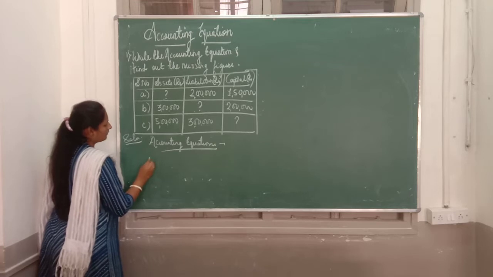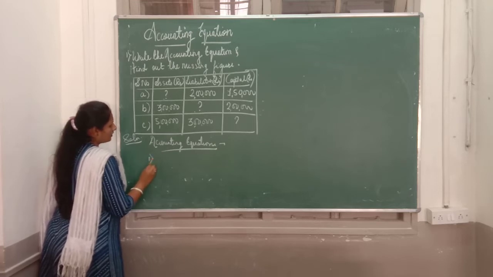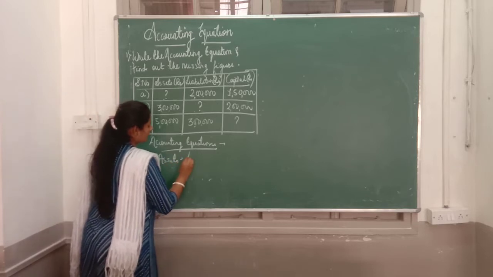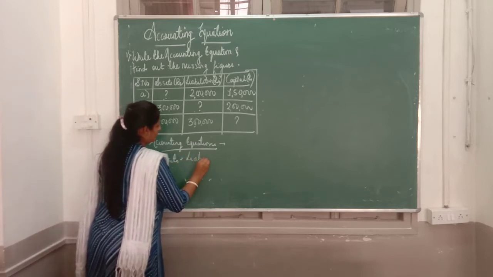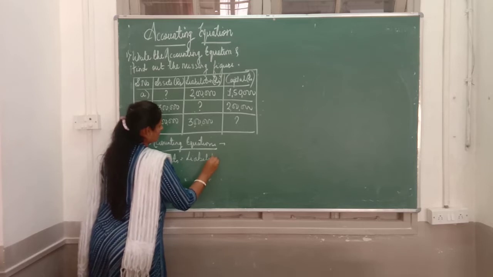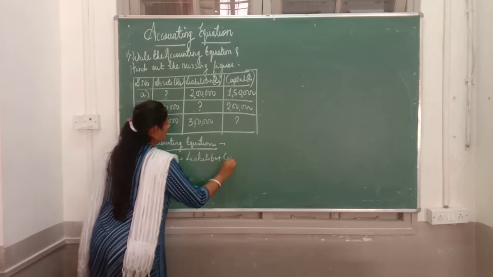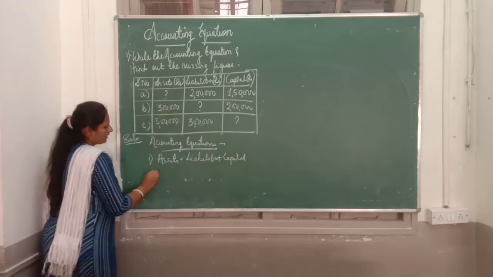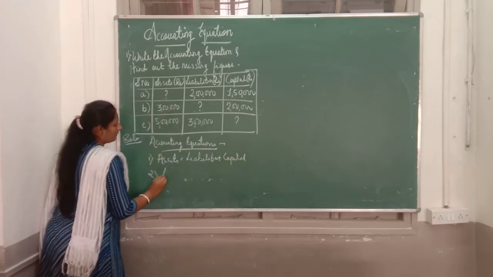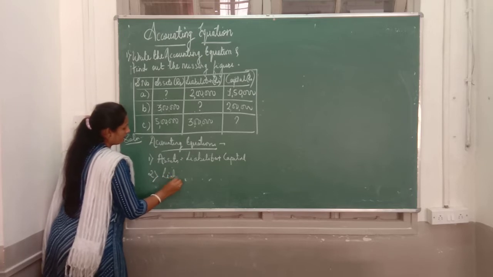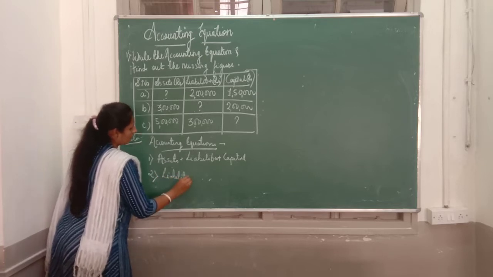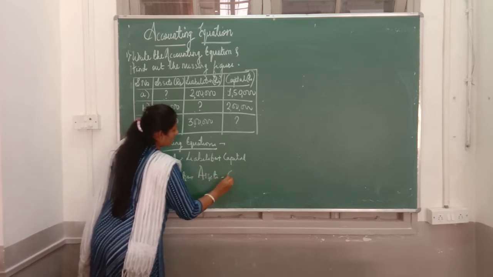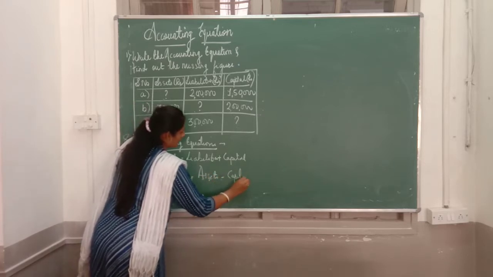First one, assets is equal to liabilities plus capital. You can write it any way. Next, liabilities is equal to assets minus capital.